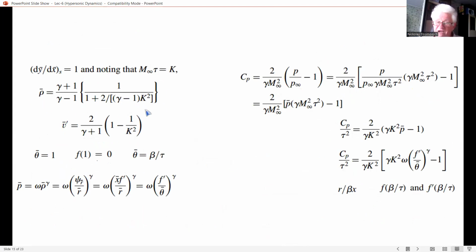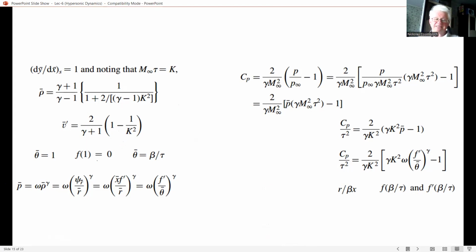Very interesting, we have for average rho, depending only on the expression with gamma plus 1 in the denominator and gamma minus 1 in the denominator, in the brackets here. Okay? And next, we may rewrite v average stretch as proportional to 2 over gamma plus 1, and in the bracket, second component, 1 minus 1 over k squared.